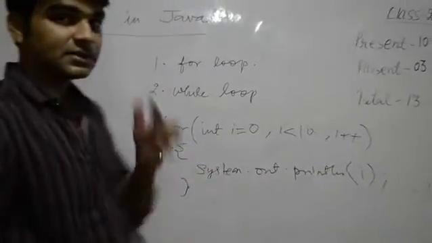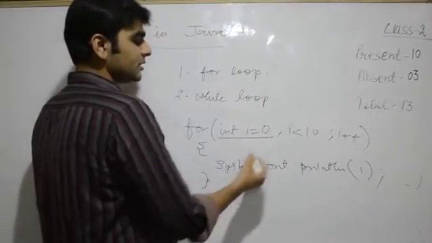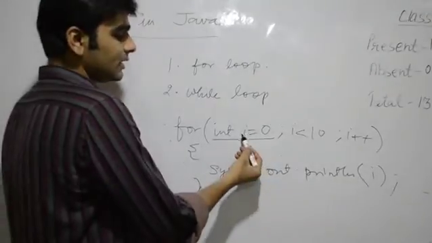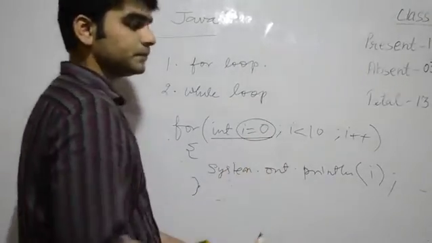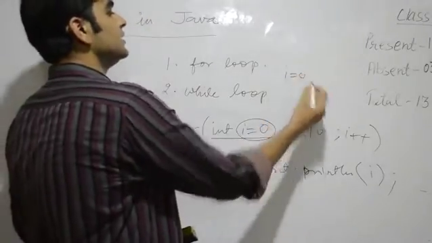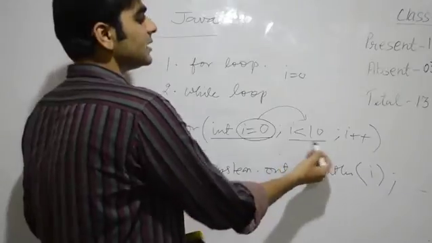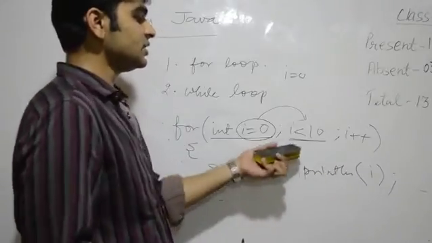i. So what is going to happen in this loop is, first of all, initialization is going to take place. That means the value of i is going to become 0. After that it comes to the condition part. It checks whether the condition is true or false.